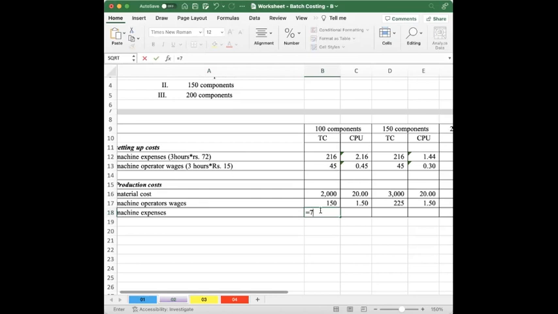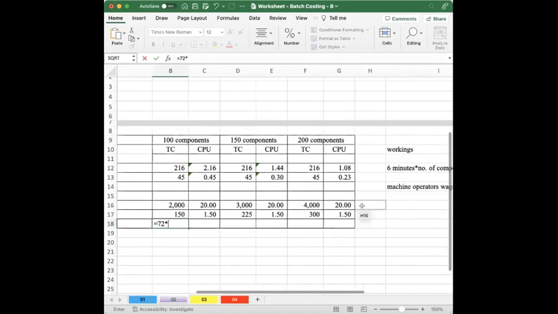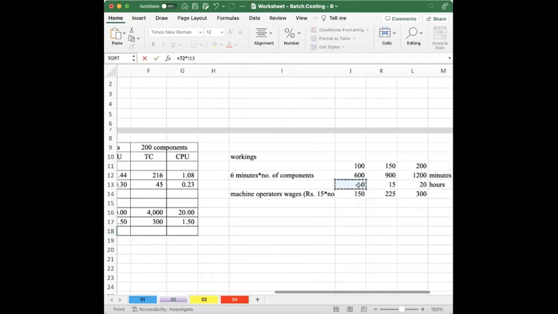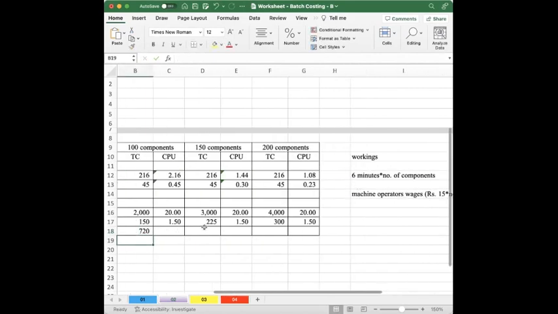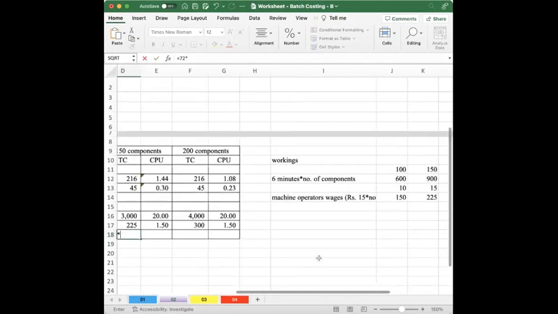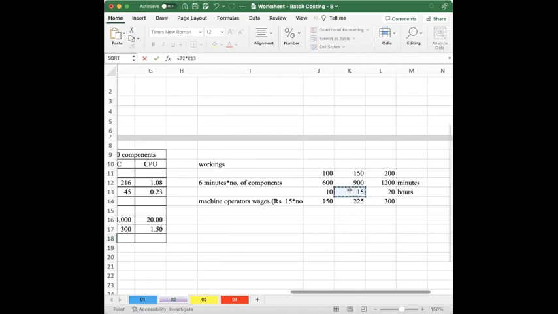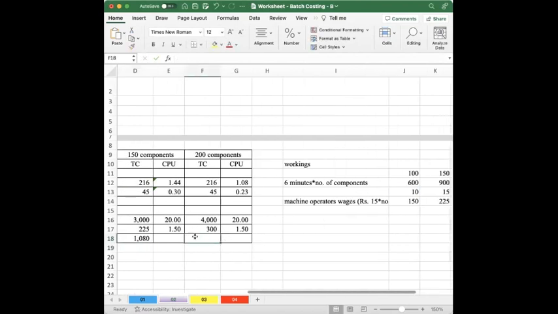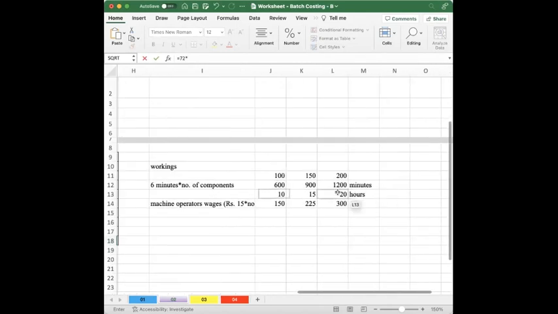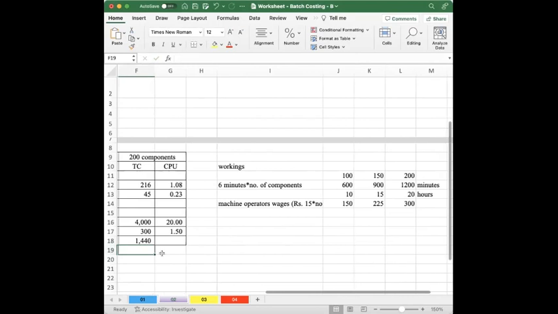Which means 72 times, if there are 100 components, how many hours? We calculated hours in our workings, 10 hours, right? Again, 72 times 15 hours. They say per machine rate will be 72. Then when there are 200 components, 72 into 20 hours.